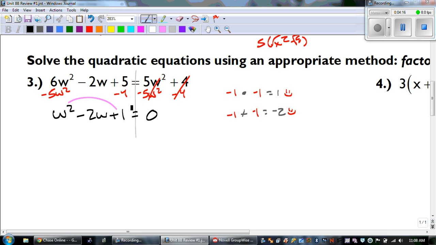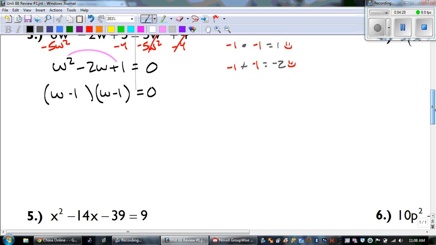Now my leading coefficient is 1, so I can go straight to the shortcut. So we got w minus 1 and w minus 1 equals 0. Okay, I can set everything with a variable to 0, and the fun thing about this is we get the same answer for both of these.